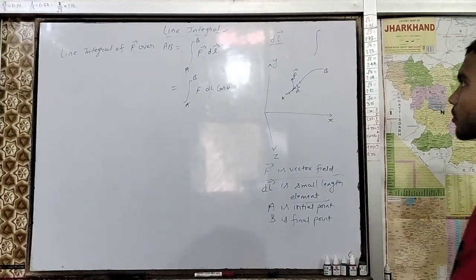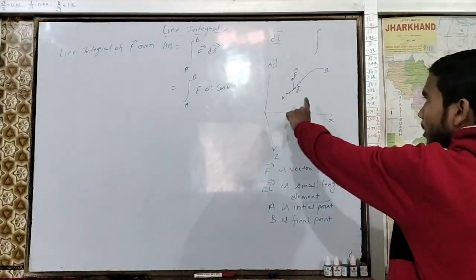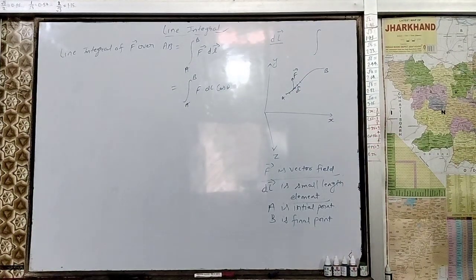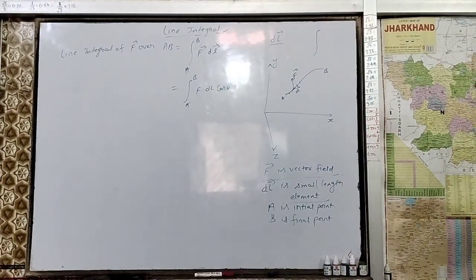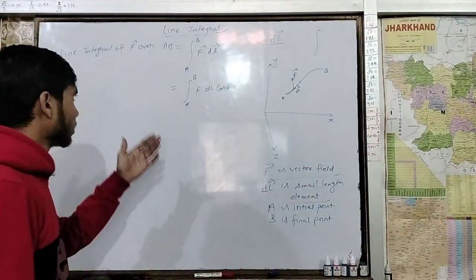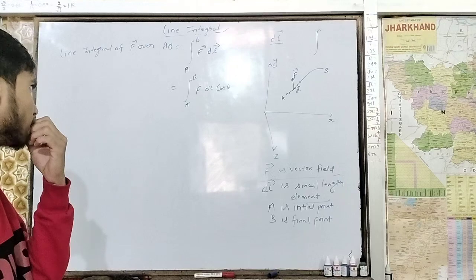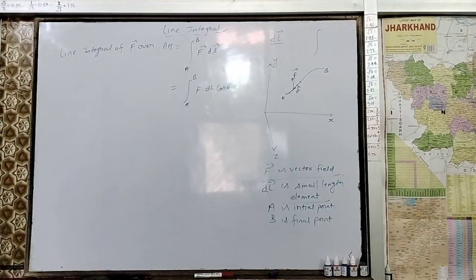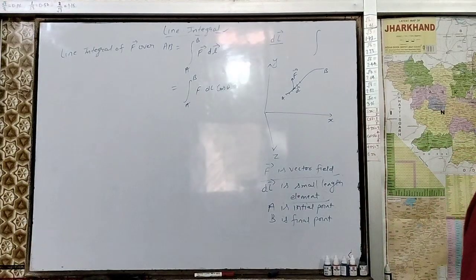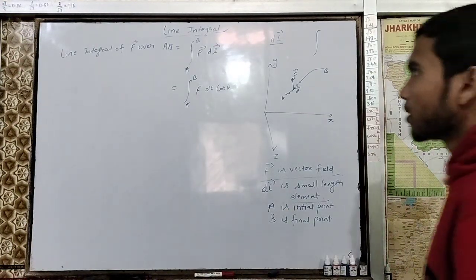This theta is the angle between the f vector field and the length element. AB is the limit; we start from this point and end at this point. Clear? This was a very simple form.